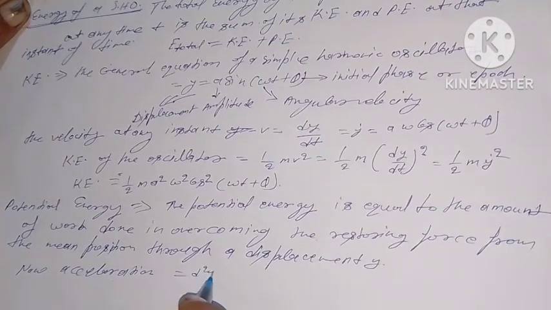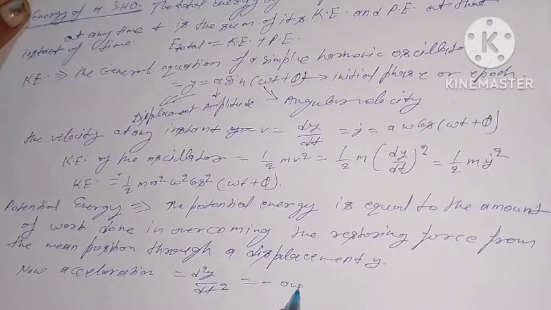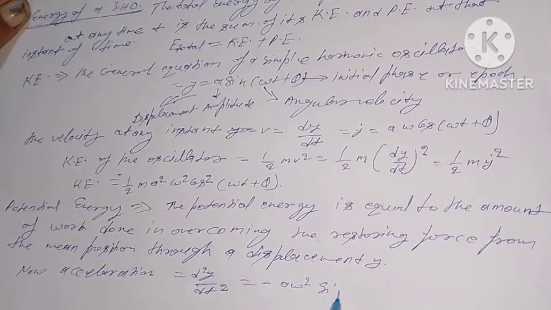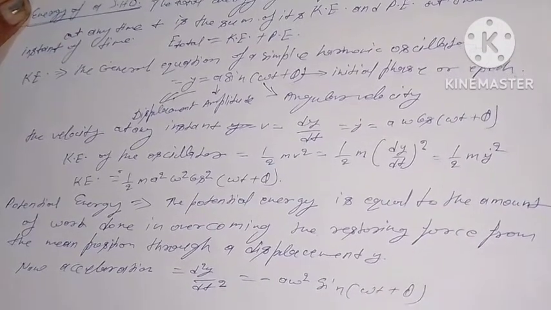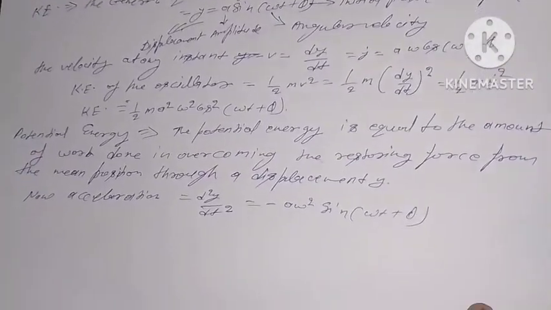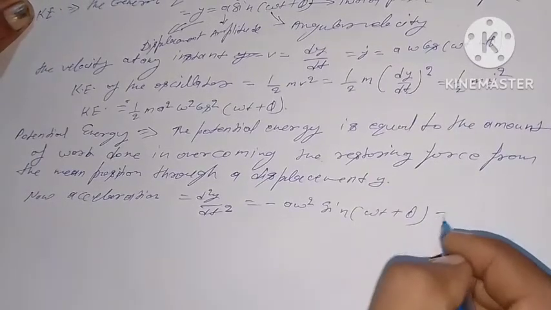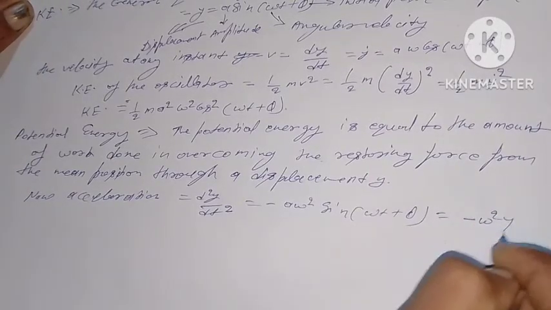Now acceleration equal to d square y upon dt square, that is minus a omega square sin(omega t plus phi), equal to minus omega square y.